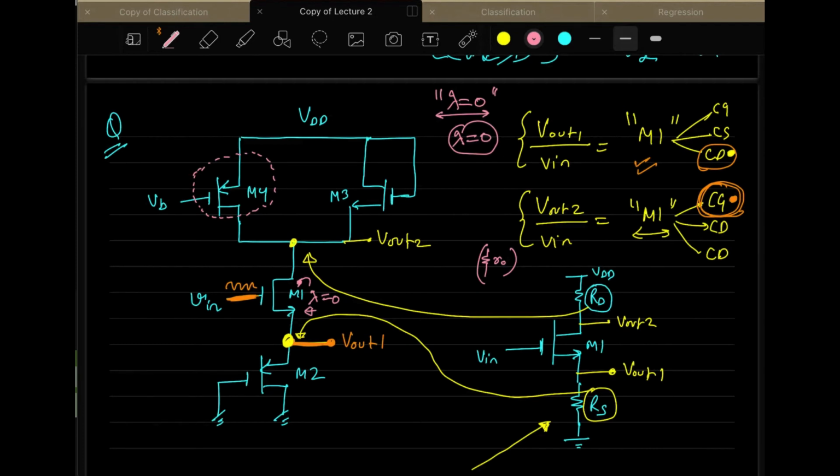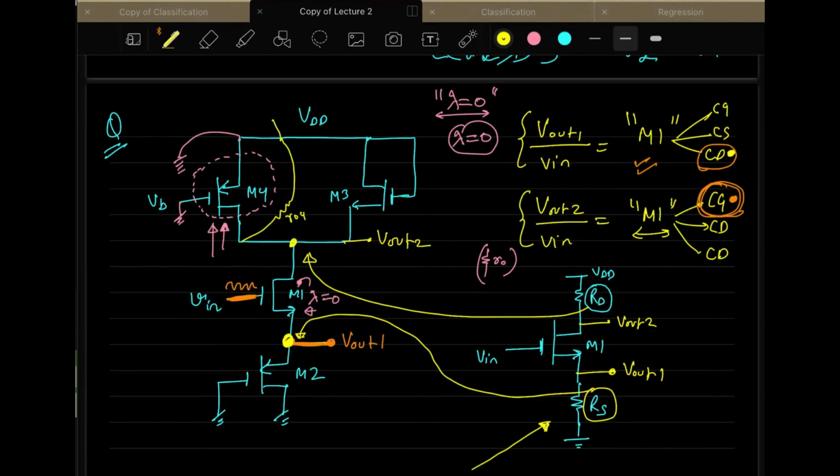It's very easy. If you apply a test voltage and test current at the drain of M4, this VB will be grounded and this VDD will also be grounded. You can solve it yourself, and then you will see that the resistance you look at from this side will be RO4.